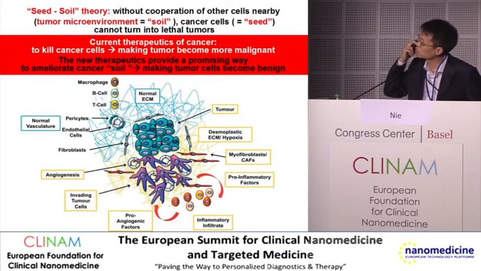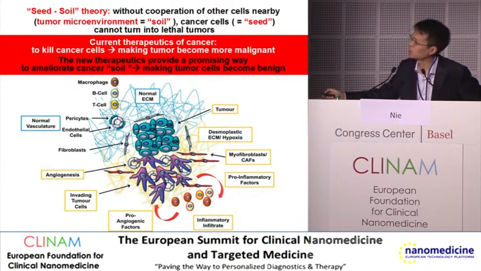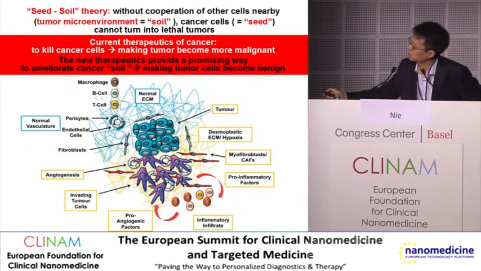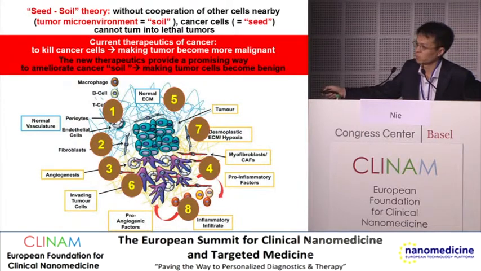So just to sum up what I showed you today, our study basically supports the very old hypothesis, the seed and soil theory for the tumor. As long as we can control the tumor's surrounding environment, the microenvironment, we have the power to control the fate of the tumor. We know that there are a lot of players around.